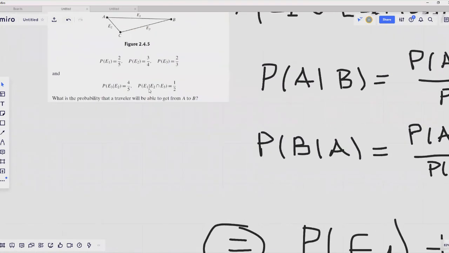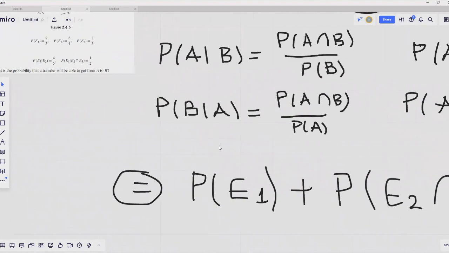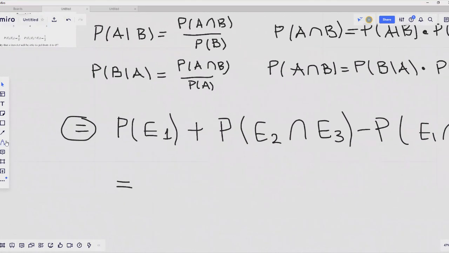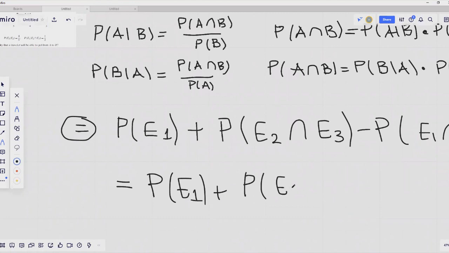However, from the conditions of our problem, I do not know the conditional probability of E2 given E3, but I do know the probability of E3 given E2, meaning that I would like to express it as the probability of E3 given E2 multiplied by the probability of E2.